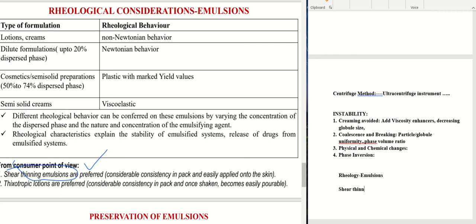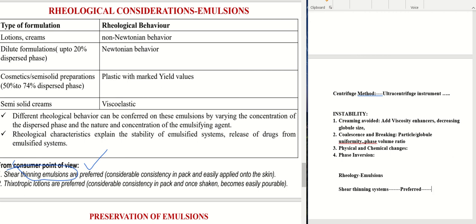Shear thinning systems are to be preferred because, consider a lotion bottle.